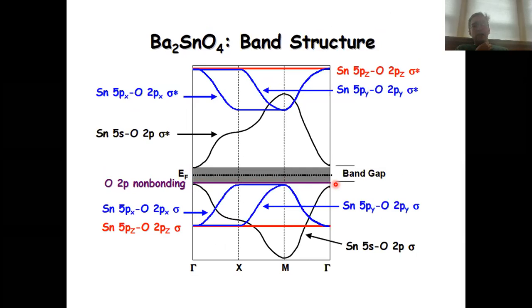So now we just need to be also clear where our band gap is, and we can determine this by counting the number of electrons in the tin atoms and in the 2p orbitals of oxygen respectively.